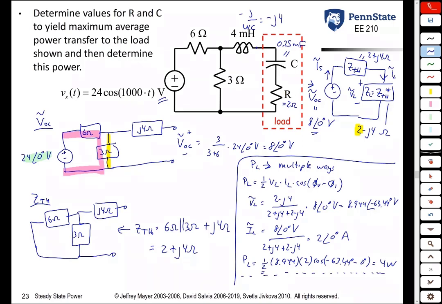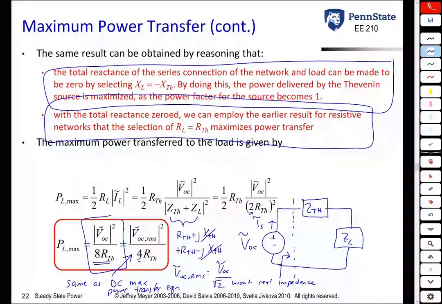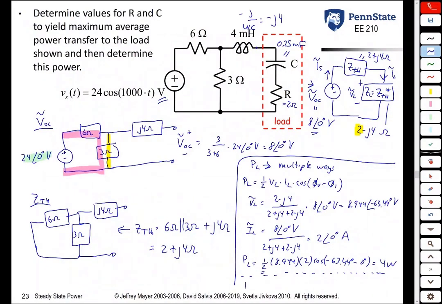An easier way to find the power, however, is to just utilize this equation right here. Because we have a maximum power transfer situation, the power absorbed by the load is just the open circuit voltage magnitude squared over 8R Thevenin. So PL is also VOC phasor squared over 8 times the real part of the Thevenin impedance.